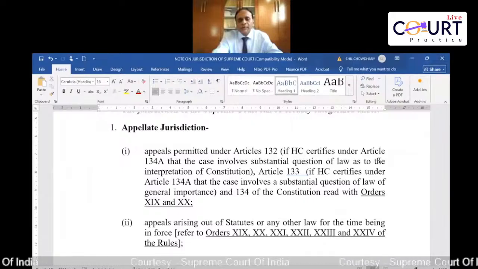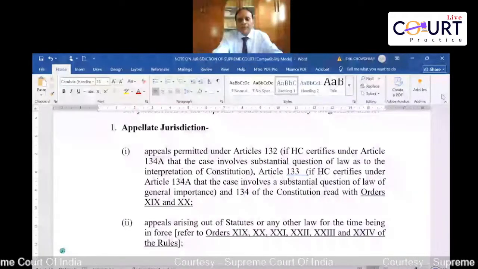What is a substantial question of law as to the interpretation of the Constitution? It would mean, for example, in the Sabarimala case, where a woman's right to visit a temple was challenged on the basis of Articles 14 and 15 of the Constitution. In such a case, it would be a substantial question of law as to the interpretation of the Constitution.